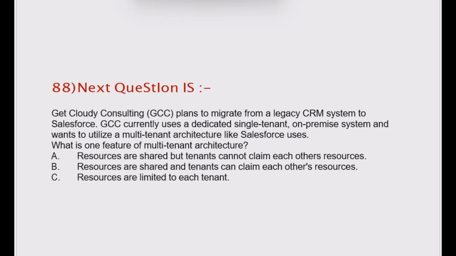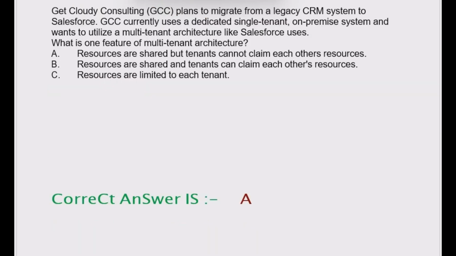Option A, resources are shared but tenants cannot claim each other's resources. Option B, resources are shared and tenants can claim each other's resources. Option C, resources are limited to each tenant. Correct answer is option A.